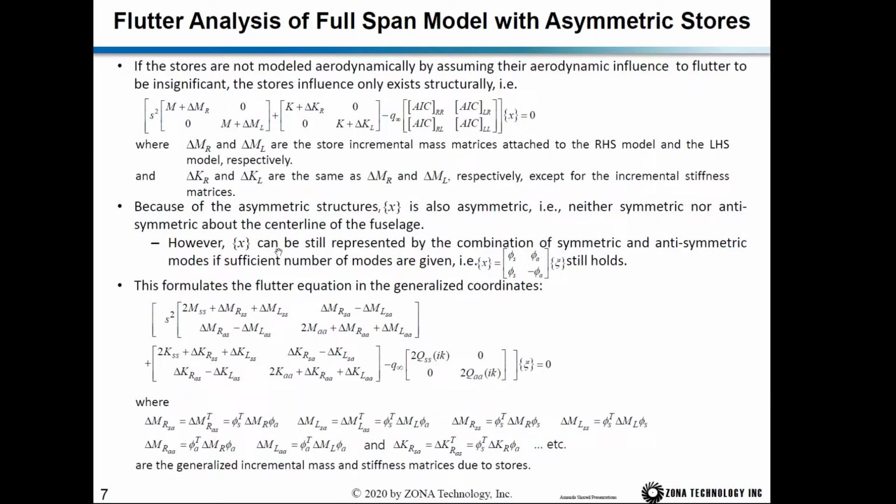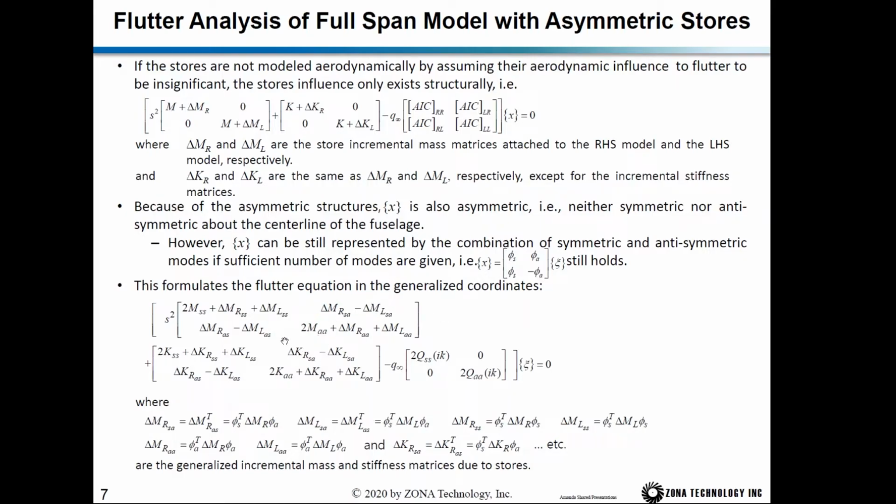However, X can still be represented by the combination of symmetric and anti-symmetric modes if a sufficient number of modes are given. So we can still use this equation, and we plug this equation into here, and we pre-multiply by the transpose of this modal matrix. We come out with a Flutter equation something like this.